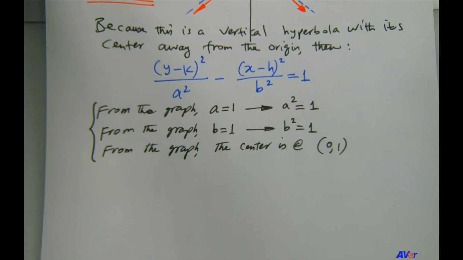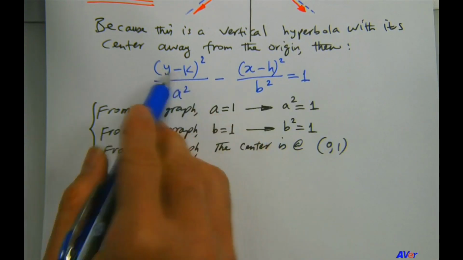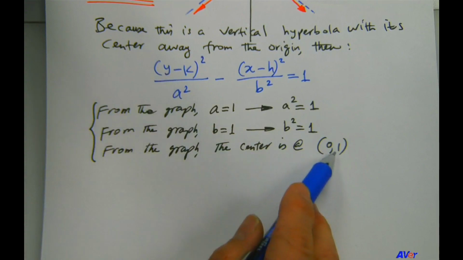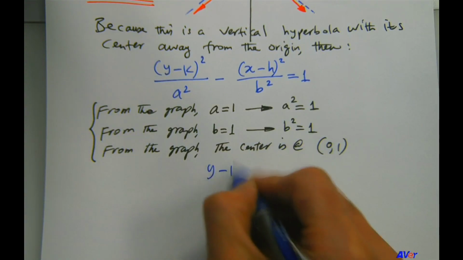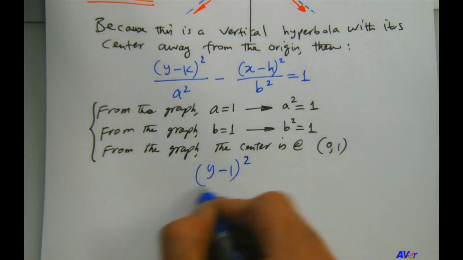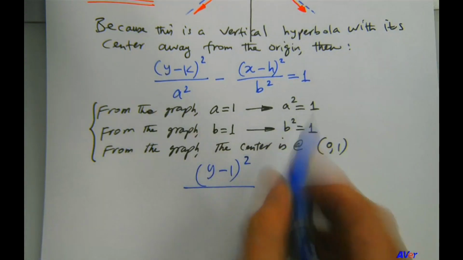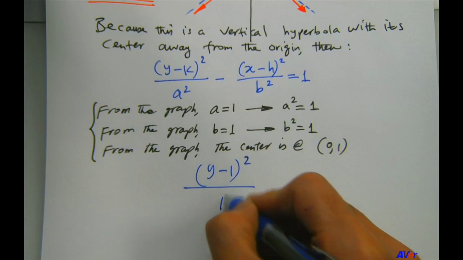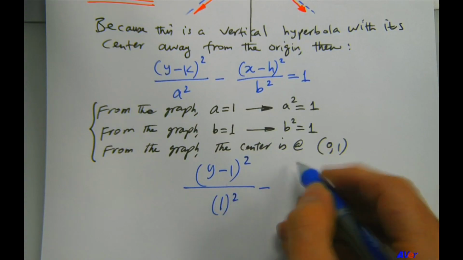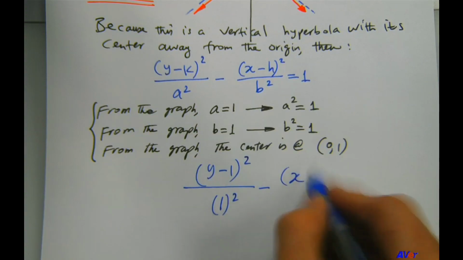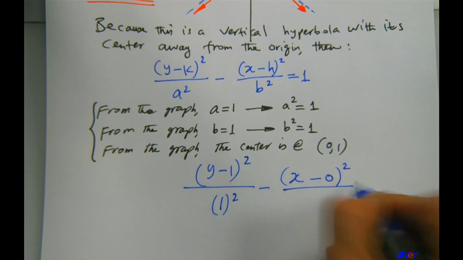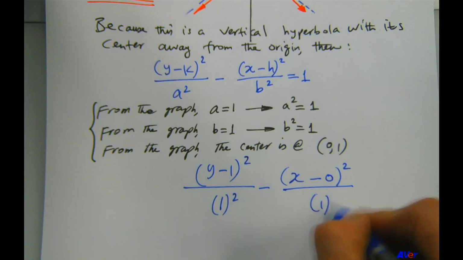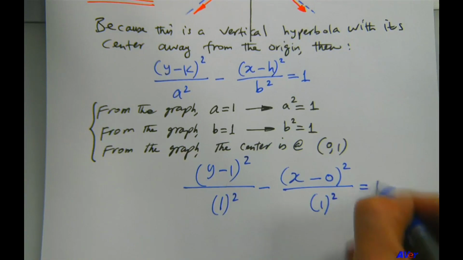So we have y minus 1, K is 1, squared over a squared, which is 1 squared, minus x minus h, which is 0, squared over b squared, which is 1 squared, equals 1.